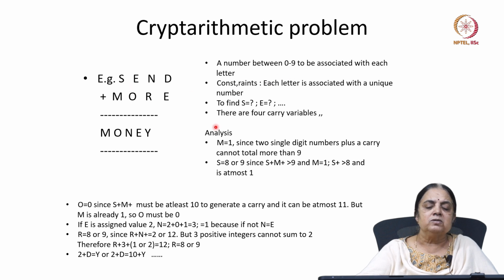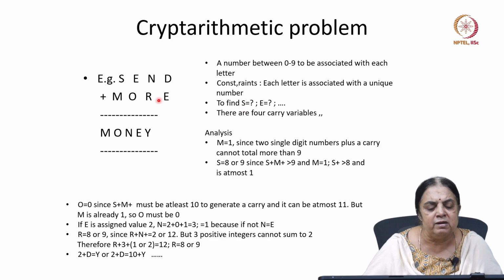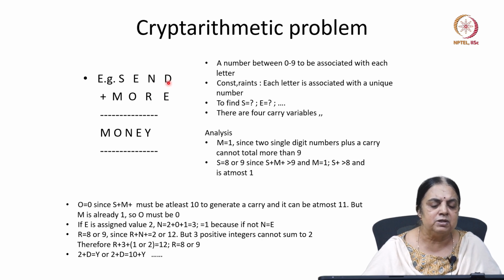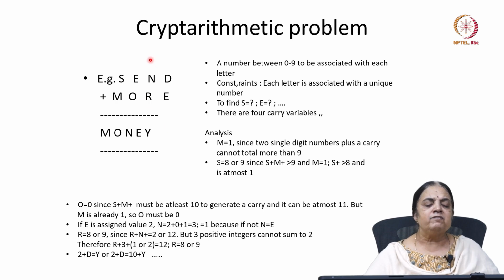So what is S, what is E, etc. Generally, what you need to do first is, suppose I take D plus E, you get a value here and you get a carry. So we have C1, C2, C3, three more variables we are putting there. Those are the carries, and the carry can be any value between 1 and 9.